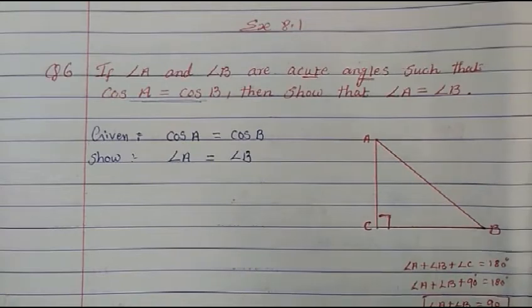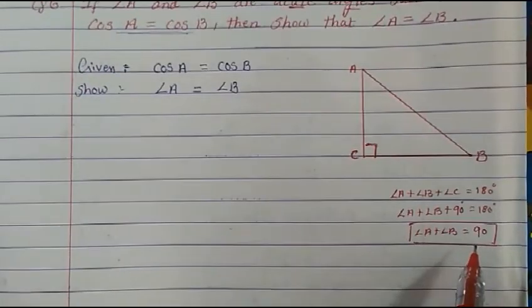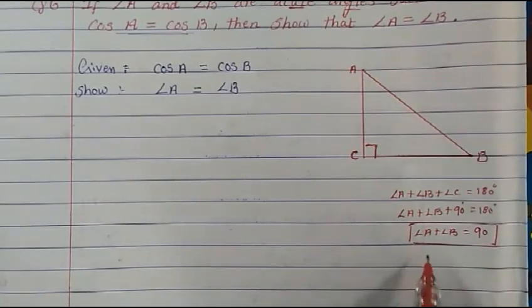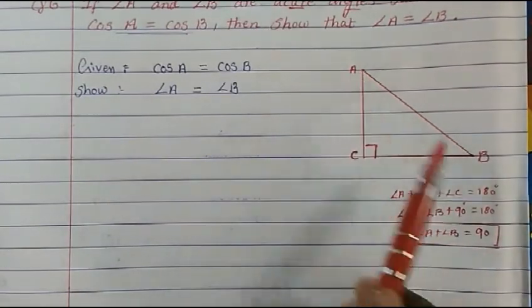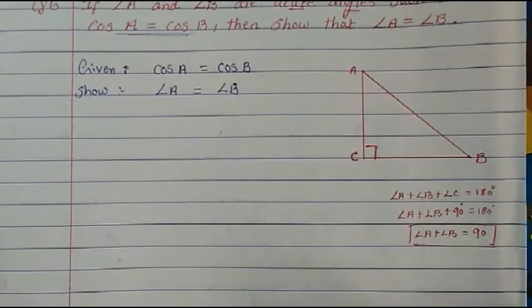So together it is 90 degrees, which means separately each will be less than 90 degrees. So this is an acute angle and this is an acute angle. Acute angle means less than 90 degrees. Okay, this part is clear to you?